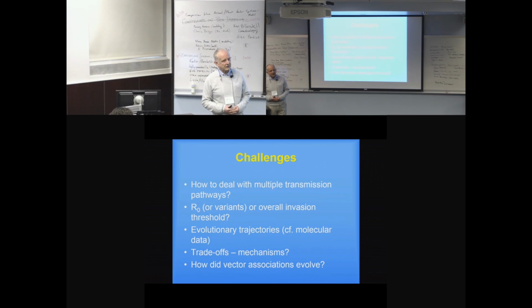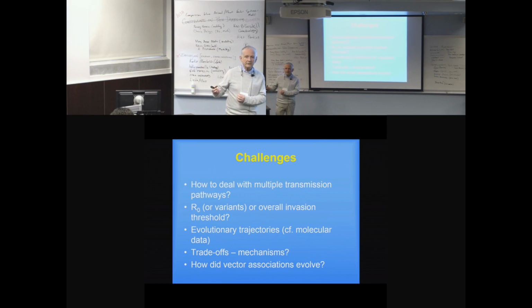So, for example, a plant virus, you could imagine an ancestral plant virus would have had seed transmission, would have pollen transmission, and so forth, and be able to sustain itself in the population.